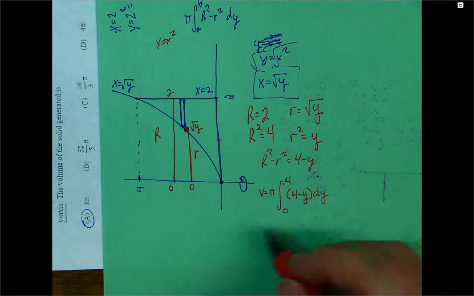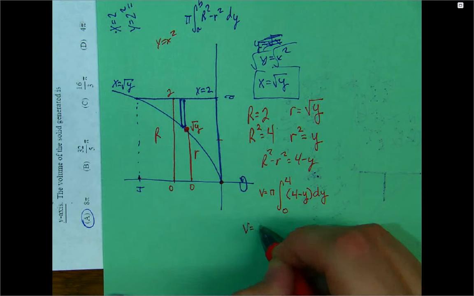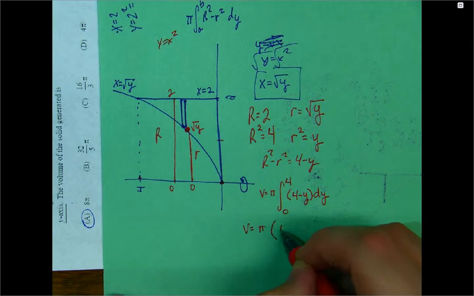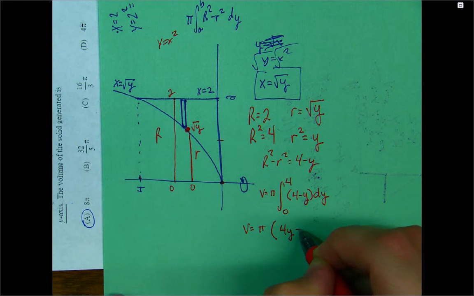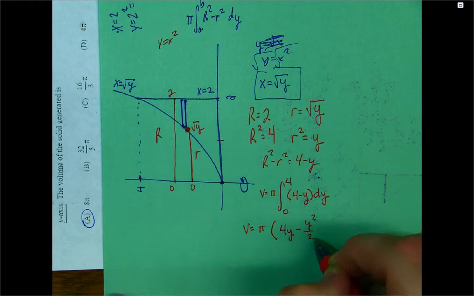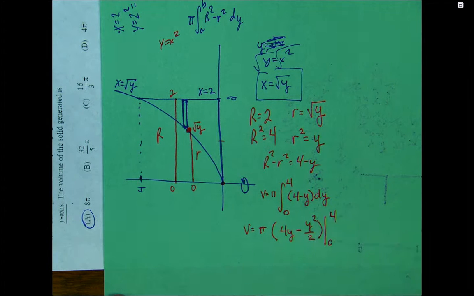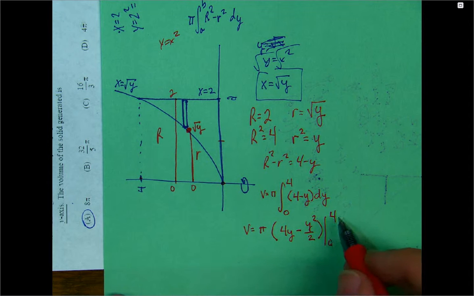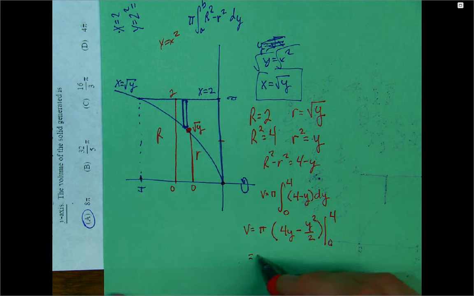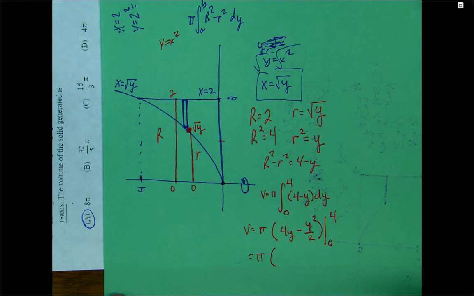So my volume is pi times the quantity 4y minus y squared over 2 from 0 to 4. The 0 is nice because you plug it in, it's all gone. So this is going to be pi times 16 minus 16 over 2.